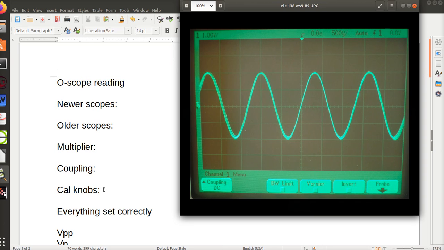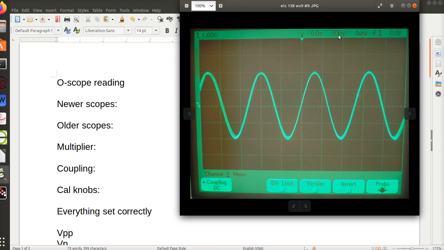Some oscilloscopes have calibration knobs, and the calibration knobs usually click if you turn them clockwise, and that is the calibrated position. There is a setting on the oscilloscope, once you get really into it, where you would sometimes turn those knobs so they are not calibrated, off of the cal position. But when they're calibrated, then your horizontal time is right.